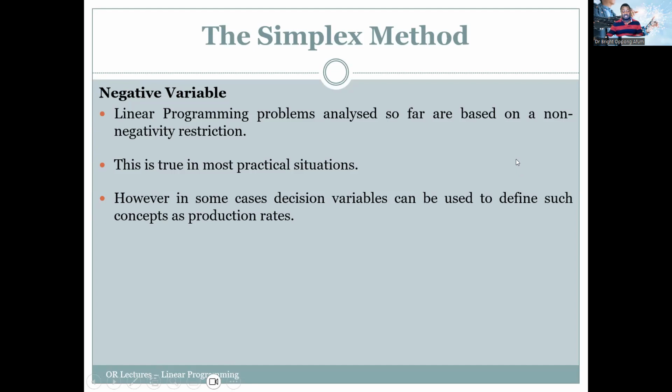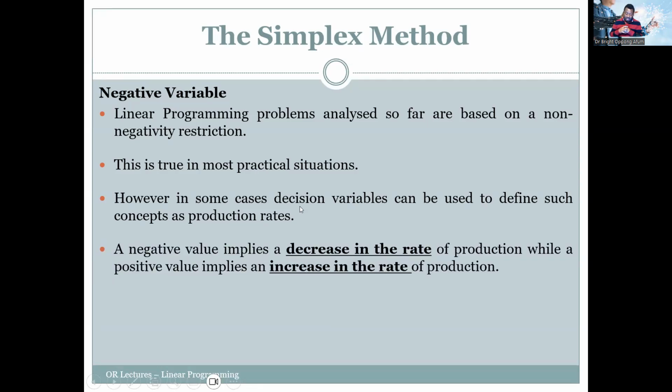However, in some cases, decision variables can be used to define such concepts as production rates or even speed of moving vehicles, where we can have a negative rate or a decrease in rates, and also an increase in the rate.